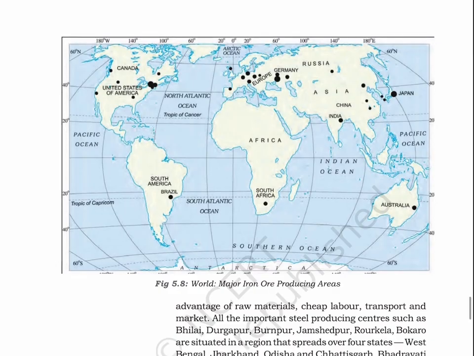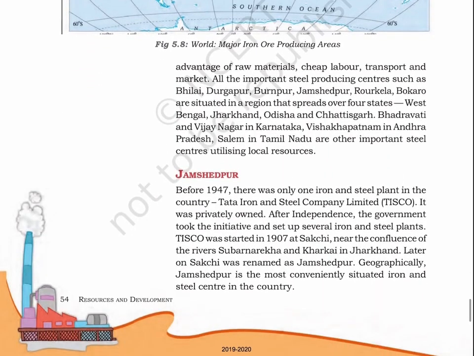Jamshedpur. Before 1947, there was only one iron and steel plant in the country, Tata Iron and Steel Company Limited, TISCO. It was privately owned. After independence, the government took the initiative and set up several iron and steel plants.